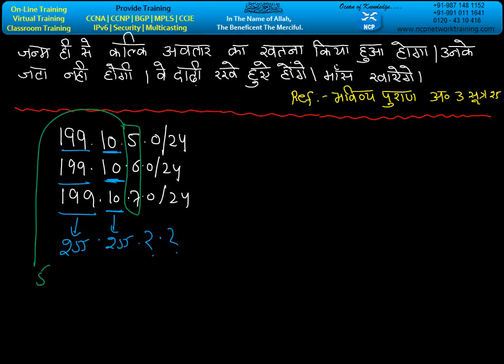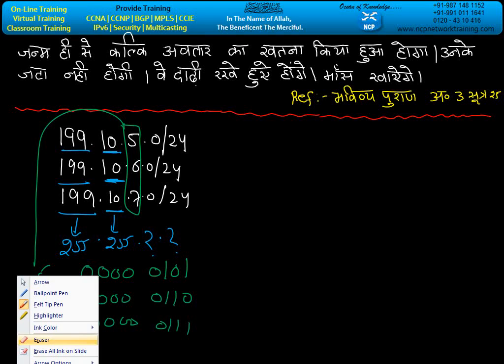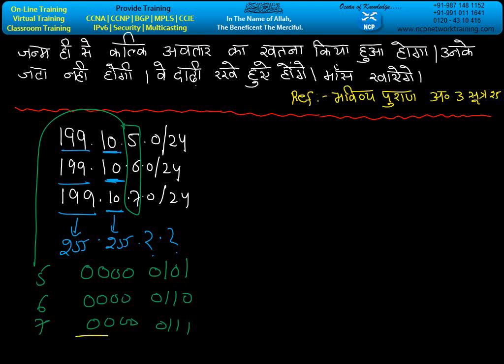Convert 5, 6 and 7 into binary. 5 is 0000 0101, 6 is 0000 0110, and 7 is 0000 0111. How many bits are common in the third octet? 1, 2, 3, 4, 5, 6. 6 bits are common.